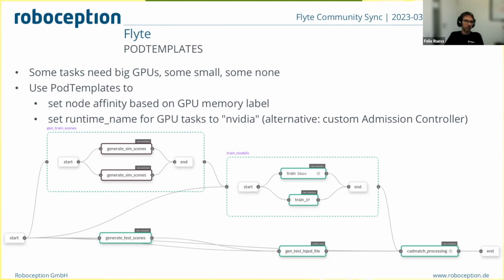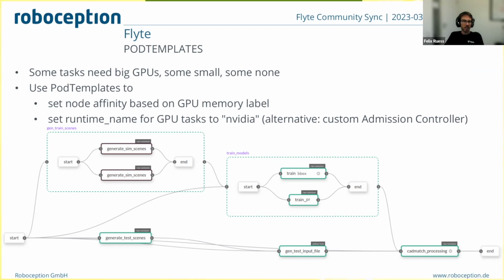And just running everything on the biggest GPU possible that we have is not really an option. So the idea here was that we somehow can set a node affinity. This is basically like a node selector. You tell it on which node to run, but it has more granular ways to select which node, and it doesn't need to be a requirement, but you can also say, I prefer to run on a specific node.